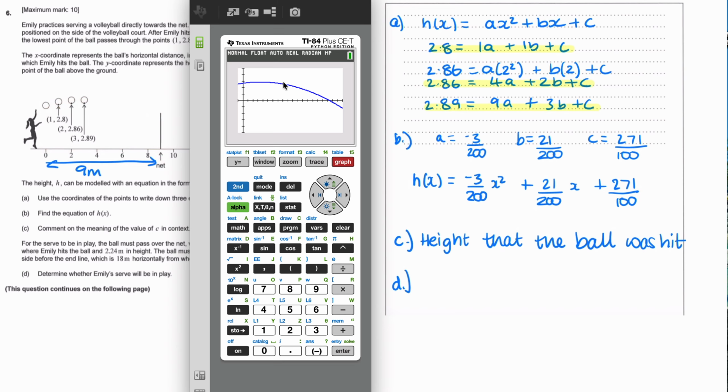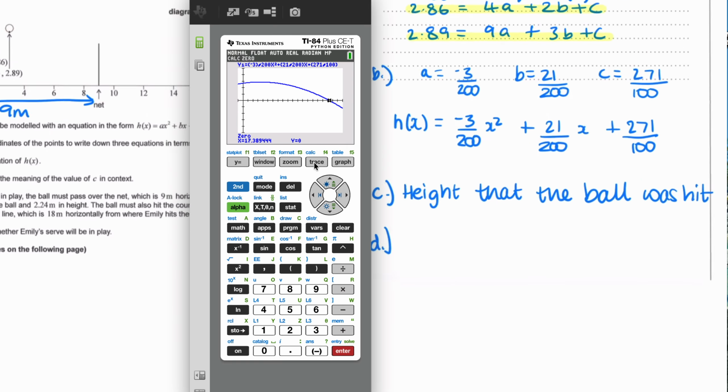There's a net somewhere here at 9, and then we need to see where it lands as well. So first of all, does it land in the space? If we look for the 0, we can find where our function lands. And we can see there that it lands at 17.4 to 3 significant figures.